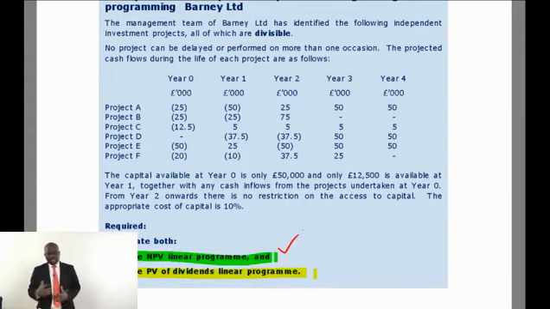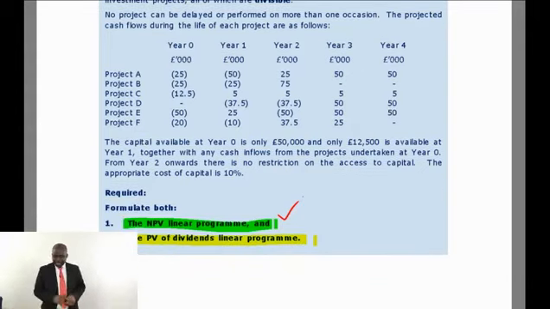Now let's do the linear programming in relation to the dividend approach. We all went through the stages last time and we said to do linear programming, you would have to define the unknowns, define the objective function, define the constraints, and define the non-negatives.